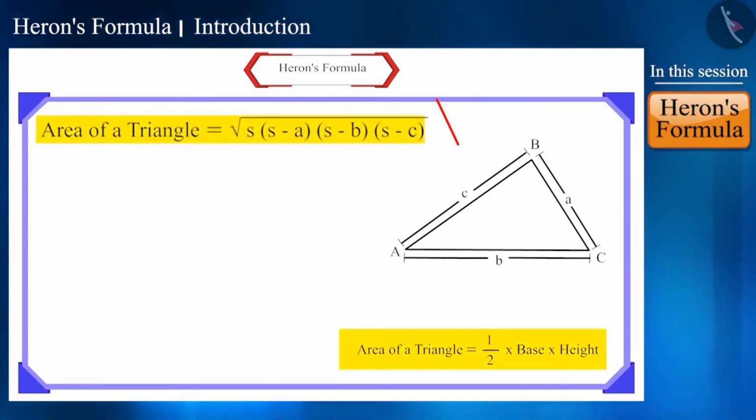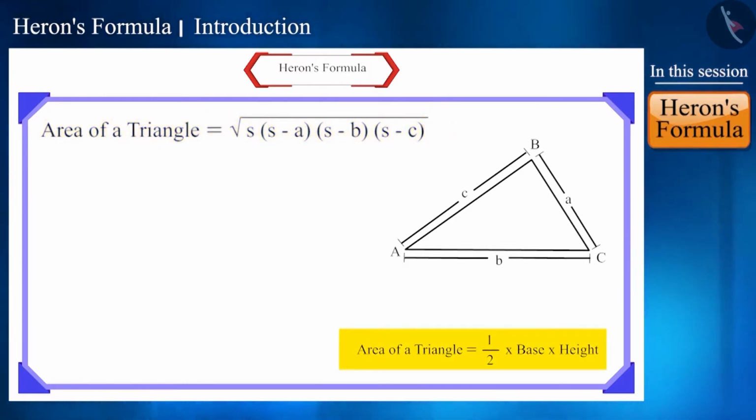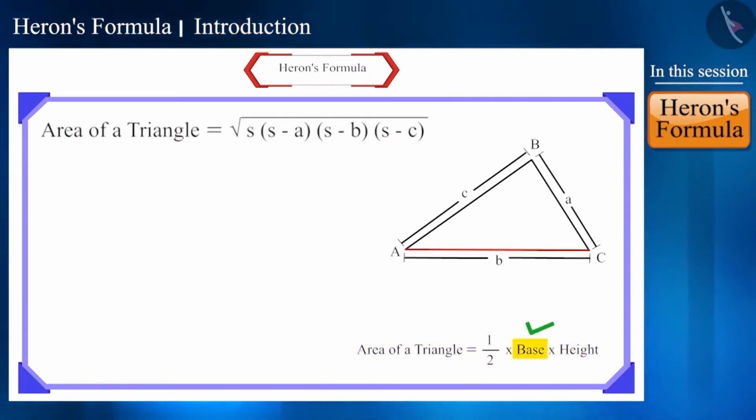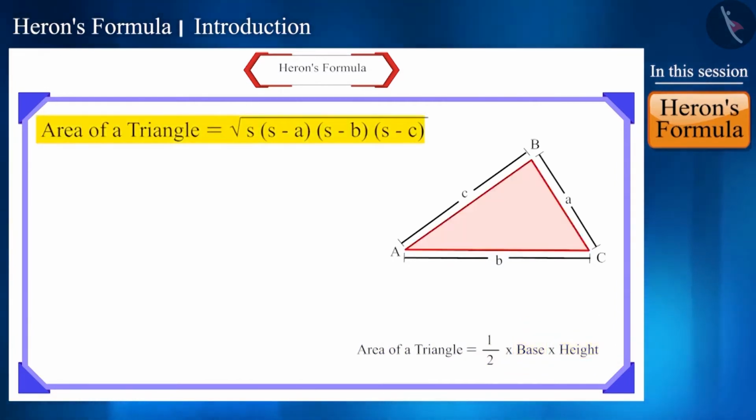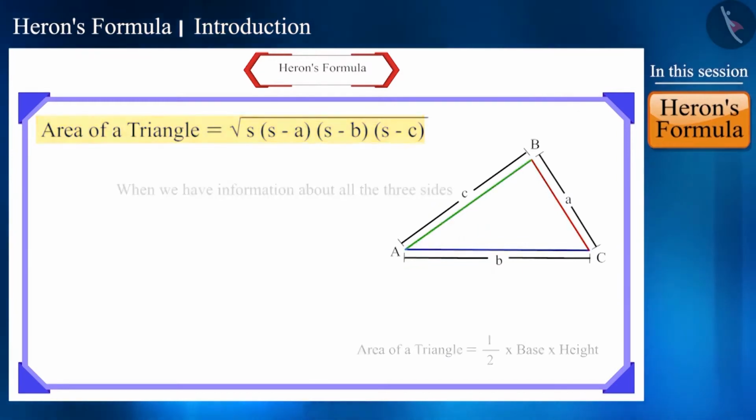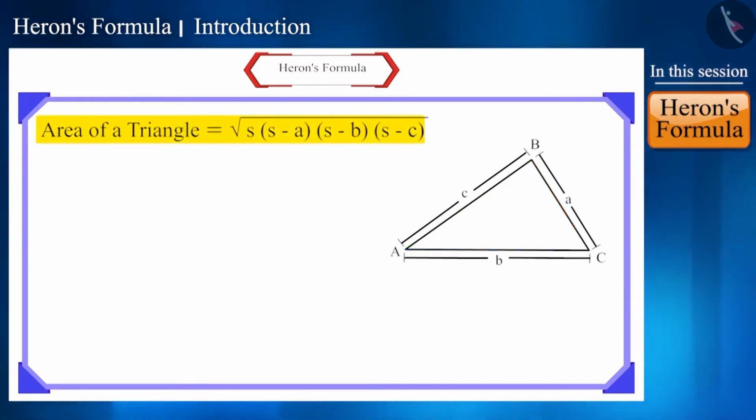Well friends, the difference between the two formulas is that half into base into height can only be used when we have information about both the base and the height of the triangle. Whereas, we can use Heron's formula to find the area of a triangle when we have information about all three sides of a triangle.